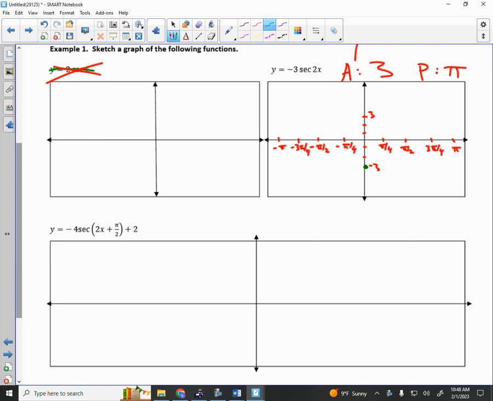Bottom because of the negative. Very good. Now what?